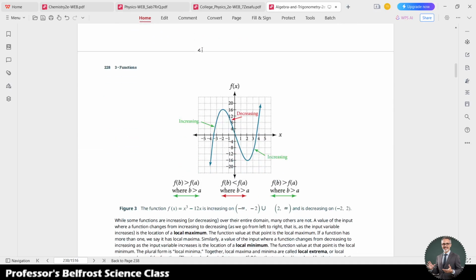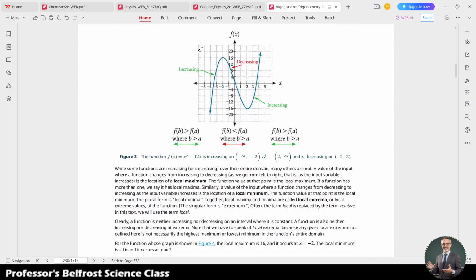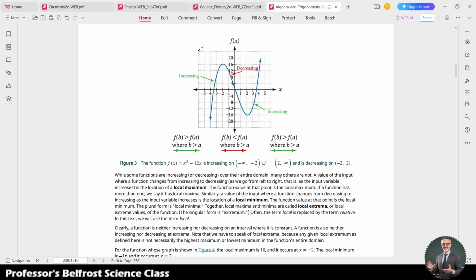Okay, so let me see. We analyze from figure 3. This is the plot of the function x cubed minus 12x from minus 4 to 4. Actually it's from minus infinity to infinity, but let's say that we cut it from minus 4 to 4.